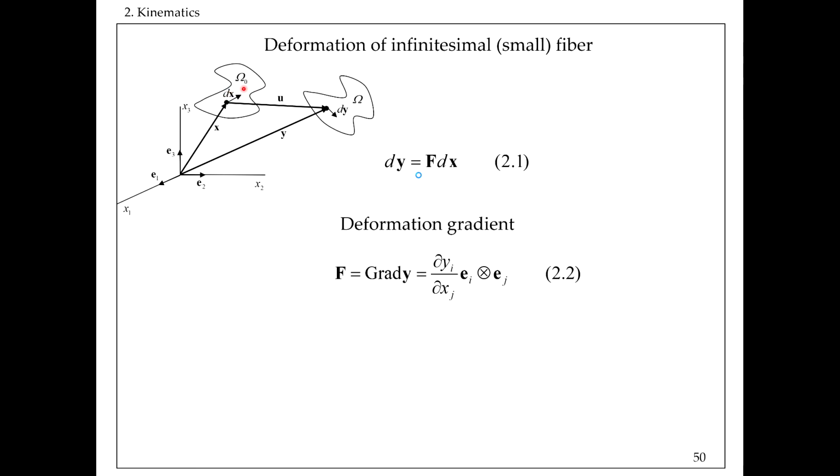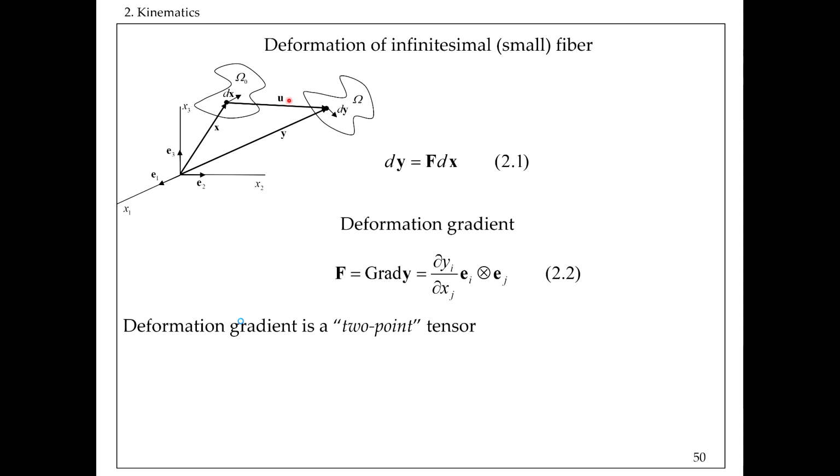That's why it's called a two-point tensor, because it relates two different configurations, the reference and current configurations. Now we can look into what the deformation gradient is actually composed of, and we can notice that there is one more vector here that we didn't introduce just yet.